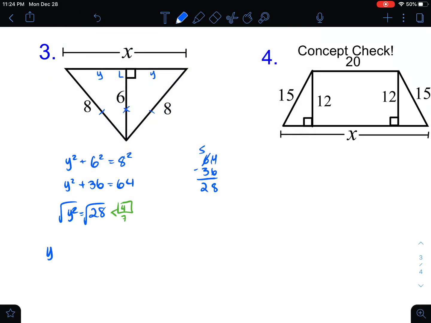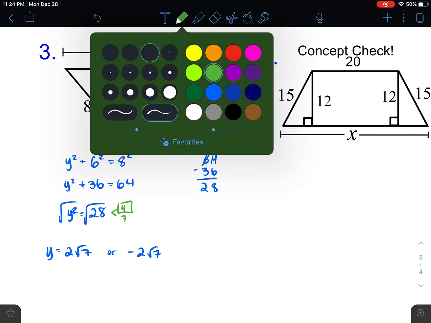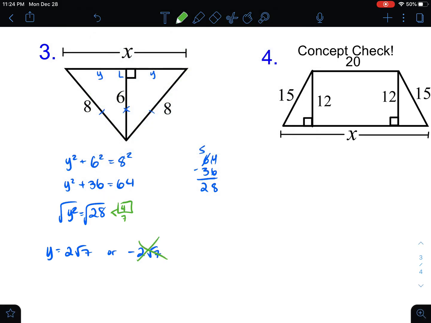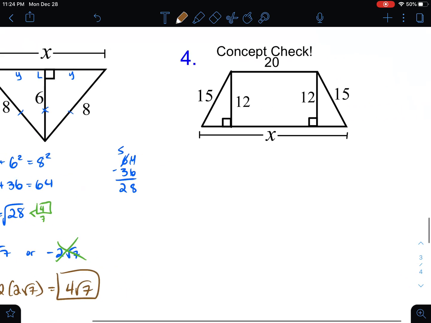I know it's 4 times 7. 4 is a perfect square, which means that y is equal to 2 root 7 or negative 2 root 7. But again, we can't have a negative length. And if x is double that, I know x is equal to 2 times 2 root 7, or 4 root 7.